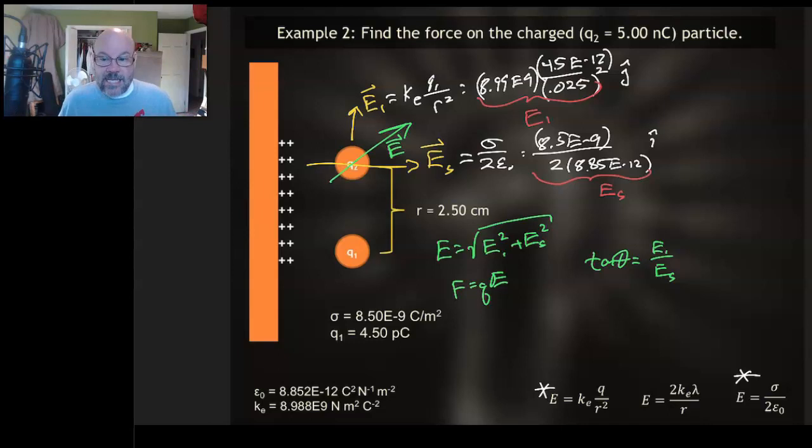If, for whatever reason, we needed the specific components of force, then the x component of force is going to be Q times our x component of the electric field, which in this case is Q times ES.